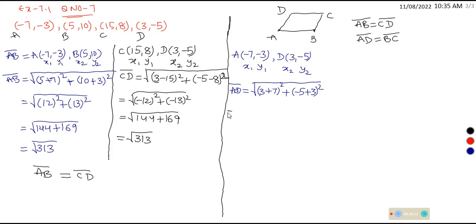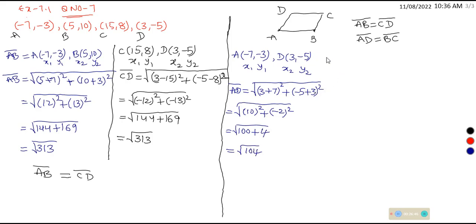That is equal to root of 3 plus 7, means 10 square, plus minus 5 plus 3, which will be minus 2 square. 10 square means 100, minus square is plus, 2 square is 4, so it is root 104.